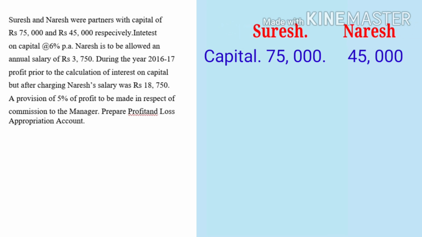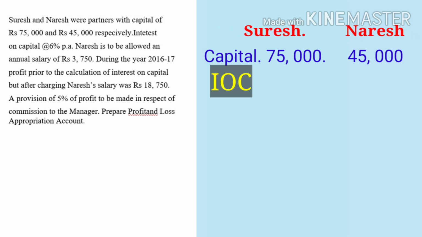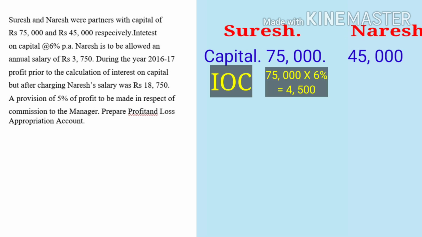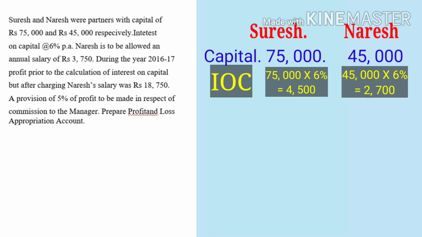Again, we have to calculate interest on capital. Here Suresh 75,000 into 6%, the amount would be 4,500, and Naresh 45,000 into 6%, the amount would be 2,700.